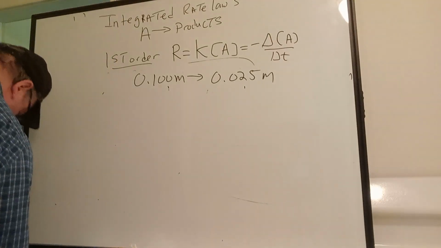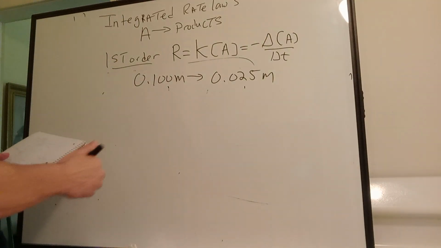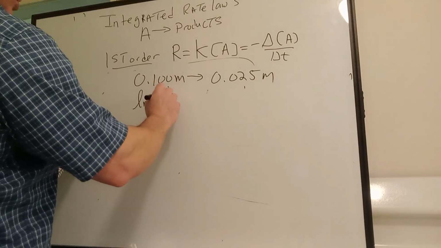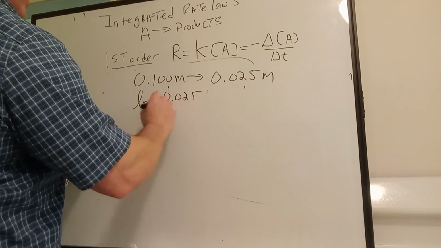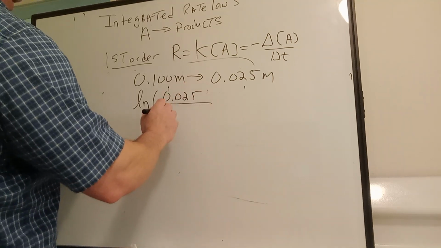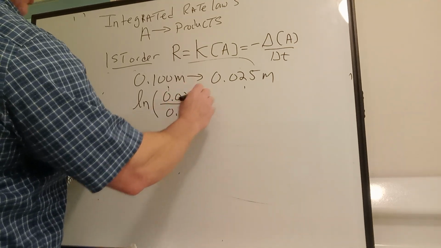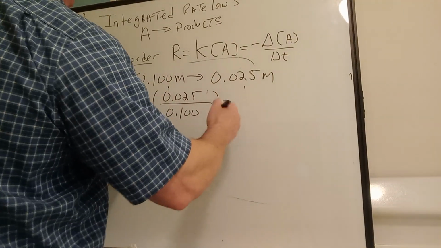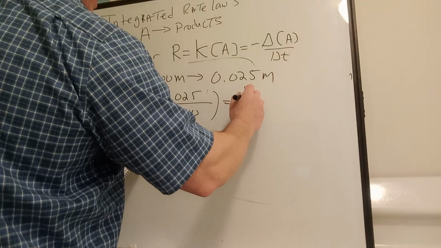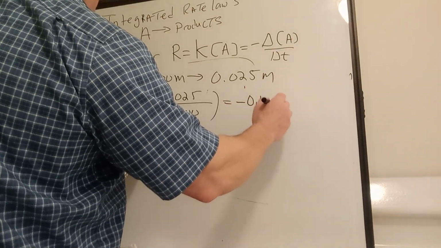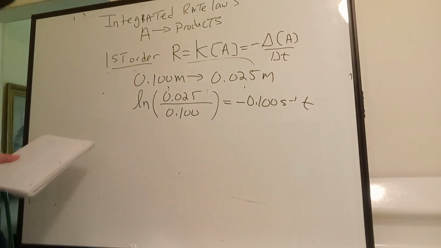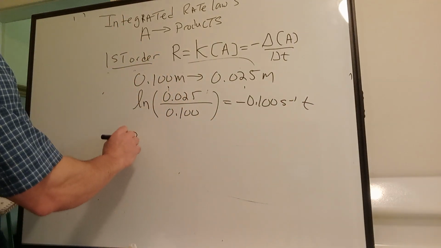So what you could do is say, for example, ln of the concentration at time t, 0.025 molar, over the initial concentration, the molarities will cancel, so I'm using that logarithmic ratio form that we had from the prior board, is equal to negative k times t. Solve this out for t, do your algebra.